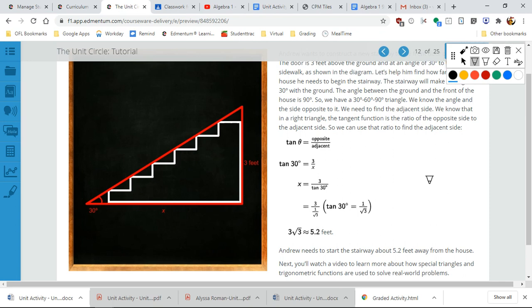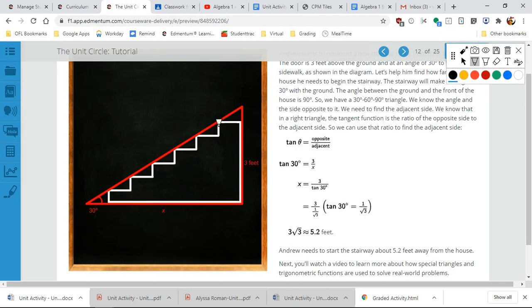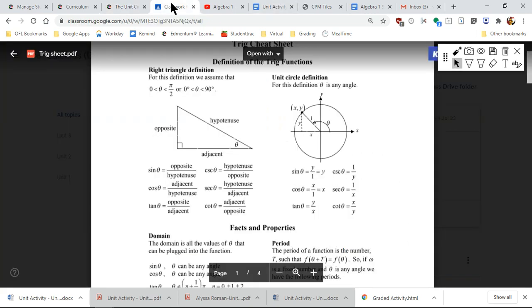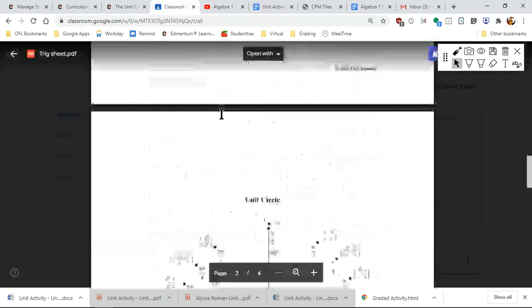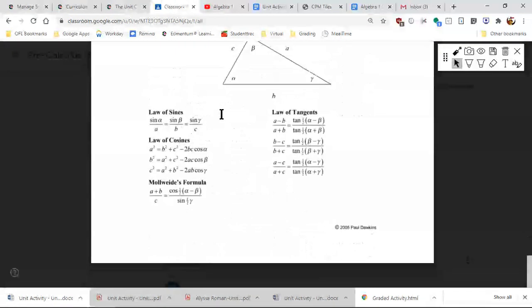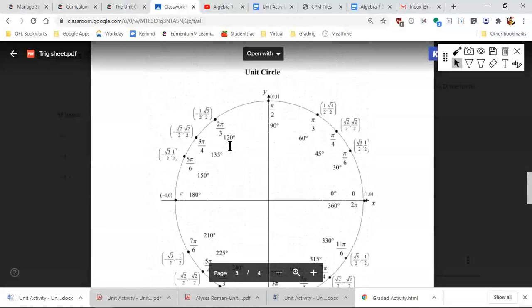But if we had to explain why, if we look at our sheet again, tangent is y over x. Our y in this case is 3, and our x, they're not even explaining that. We're going to end up cross multiplying, but they didn't show us what it was. So that's why I'm doing this.